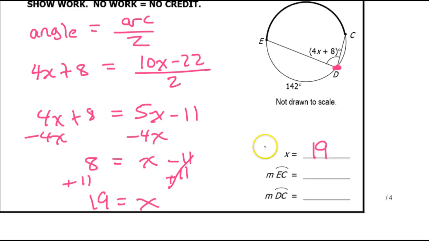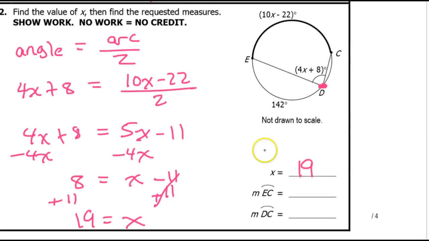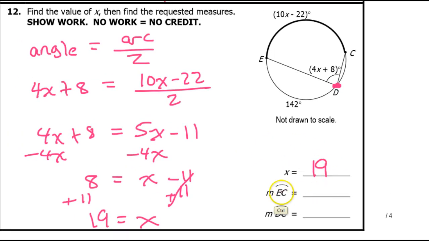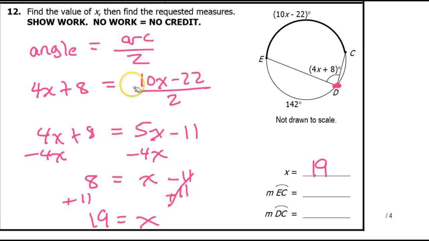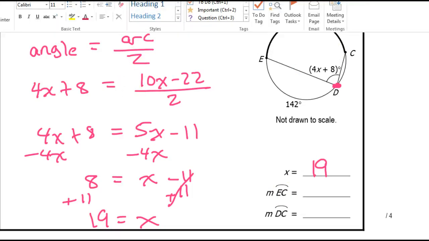So now that we have that, we can go back and find other stuff. They asked us to find the measure of arc EC. That's this guy up here. I feel like I need to erase some of this. You know what, I'll squeeze it in. In fact, I'll write really small.